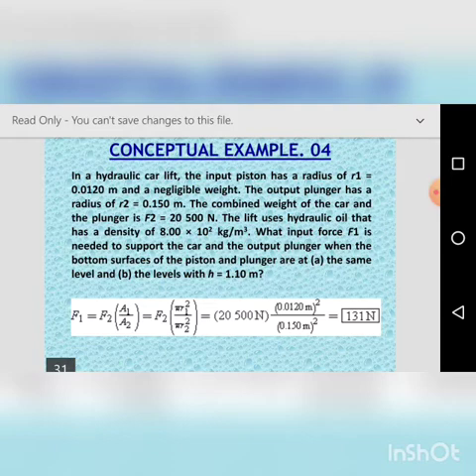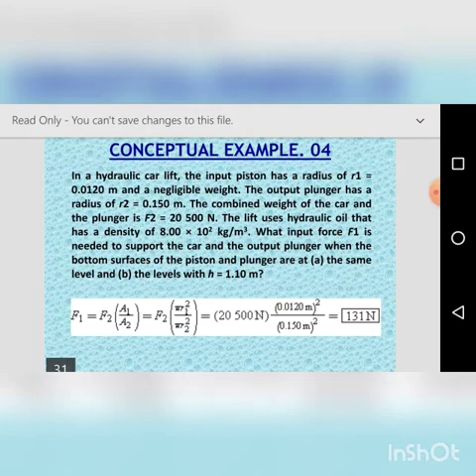The combined weight of the car and the flanger is F2, 20,500 Newton. The lift uses hydraulic oil that has a density of 800 kg per meter cube. What input force F1 is needed to support the car and the output flanger, where the bottom surfaces of piston and the flanger are at the same level?